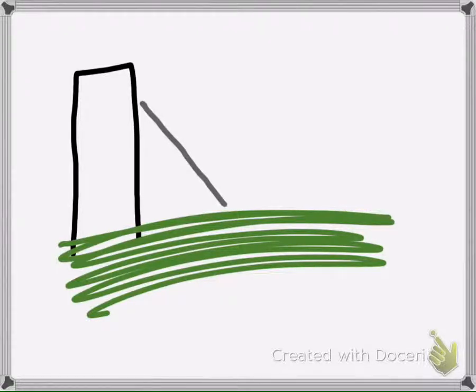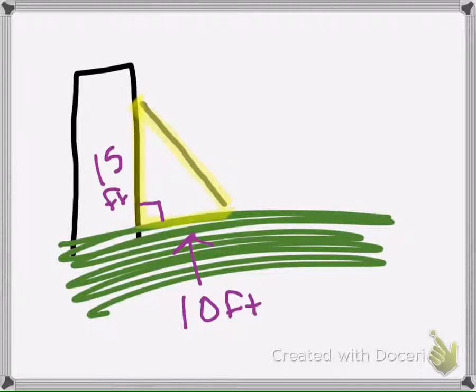So you need to see this right triangle here, so that whenever the problem tells you that this is, I don't know, 10 feet, and that this is 15 feet, you will be able to find the length of the ladder, which is just your hypotenuse in this case.